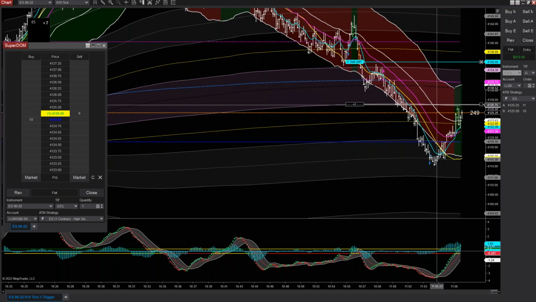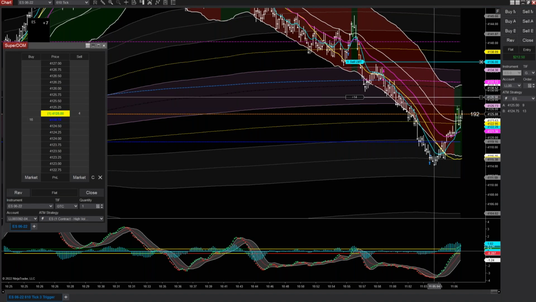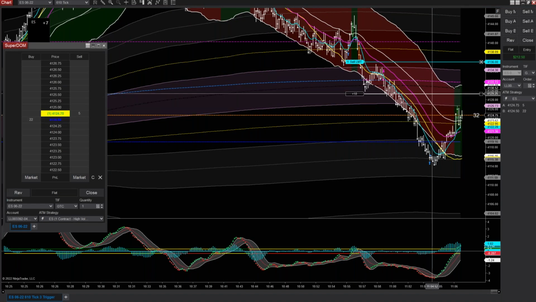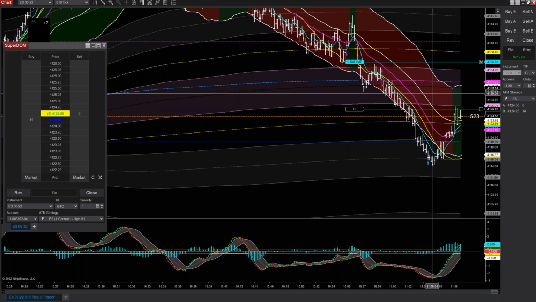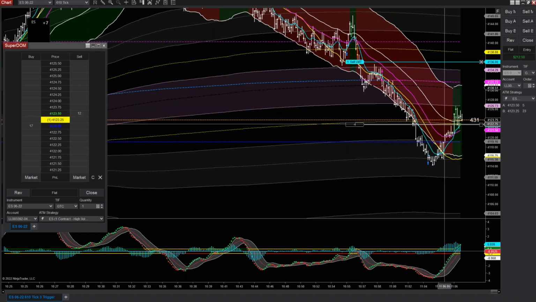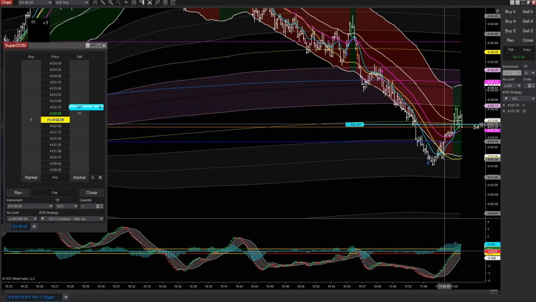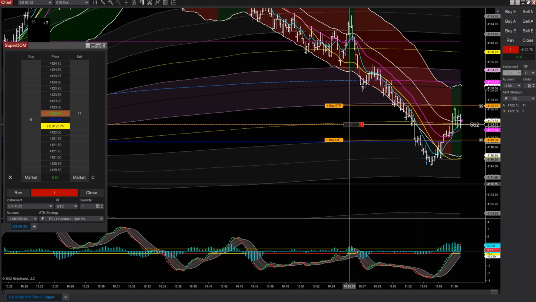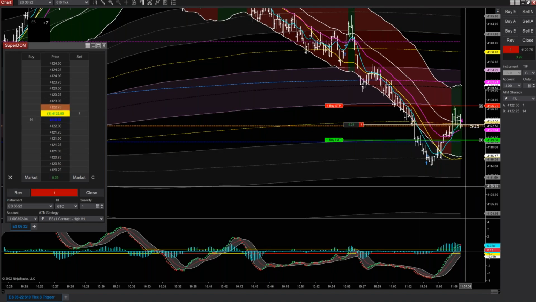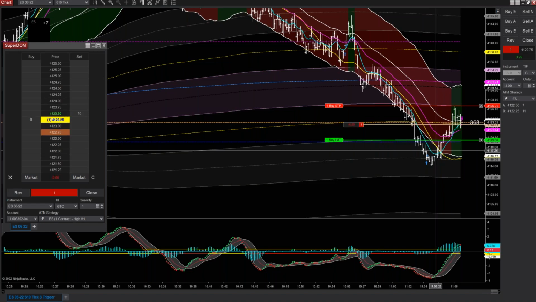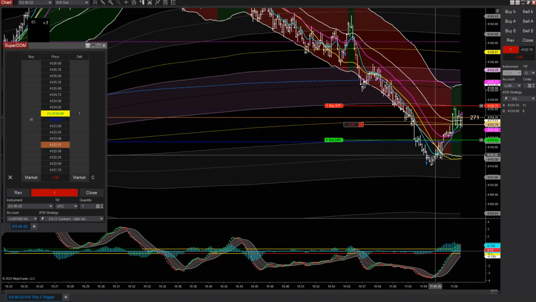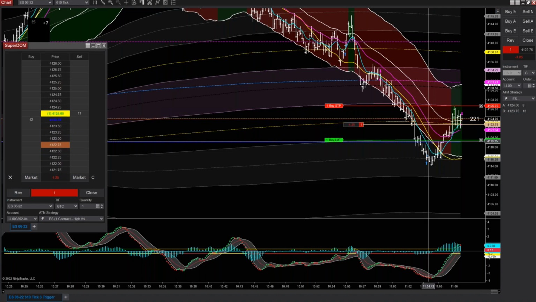If it's past this swing high, you know it's going to go up. Order filled. Maybe got myself trapped here, but that's fine.